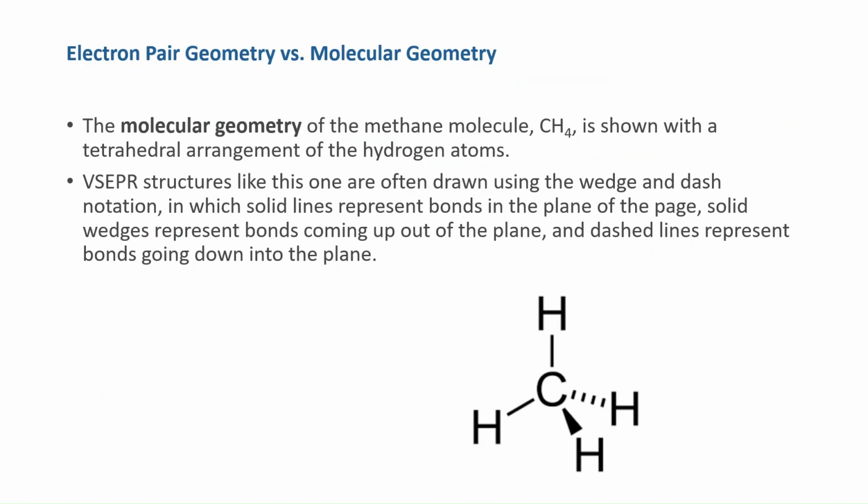So here you have an example, methane. This is a perfect tetrahedral. Notice that you have two bonds in the plane of the screen. The wedge is indicating that one is coming out of the screen, and the dash line indicates that one goes below the screen. Okay? That's just the standard abbreviation. Be careful when you draw any tetrahedral. I don't know why students like to do the star like that.